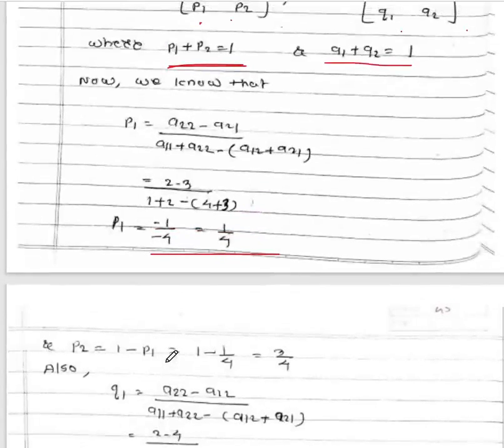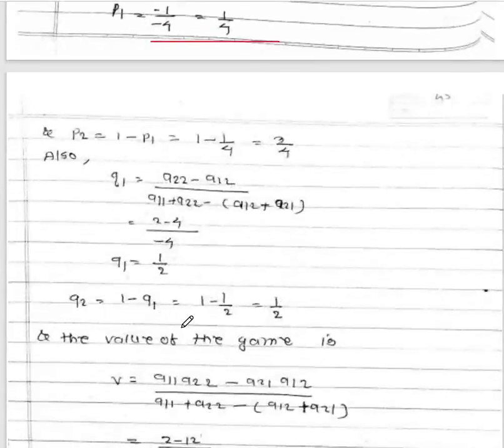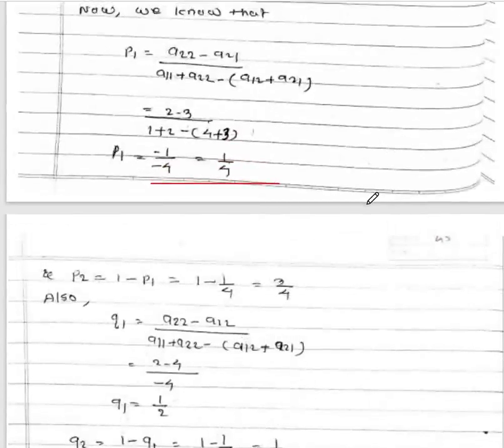Similarly, Q2 is 1 minus Q1, that is 1 minus 1 by 2, which equals 1 by 2. Here Q1 and Q2 must add up to 1.